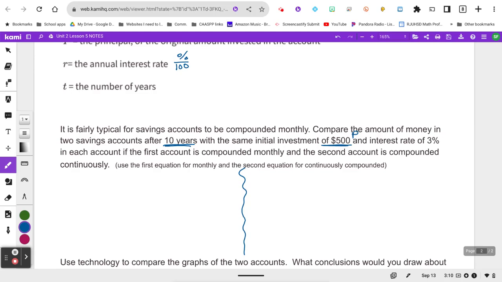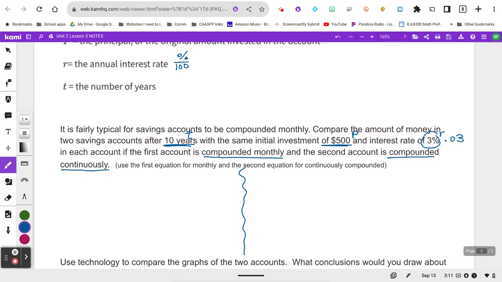So that's your P. This is your T. Your interest rate is 0.03. That's your R. The first one is going to be compounded monthly, like we did on the previous problems. And the second one is going to be with the E, which is compounded continuously.